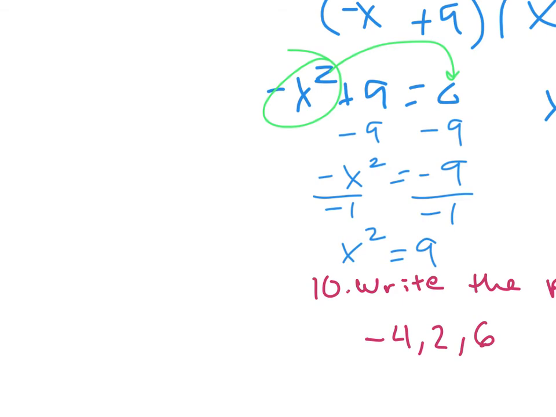X squared is equal to 9. How do we solve this? It will be 3. So we take the square root of both sides. What do we get when we have the square root of 9? What are we forgetting? It's not just 3.